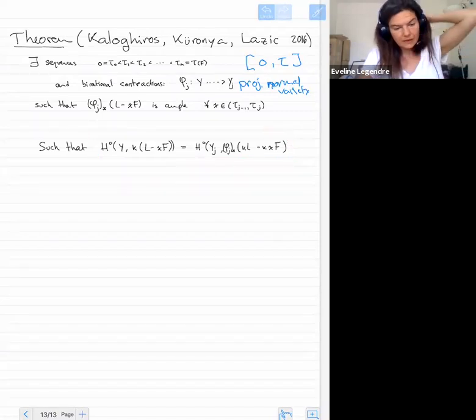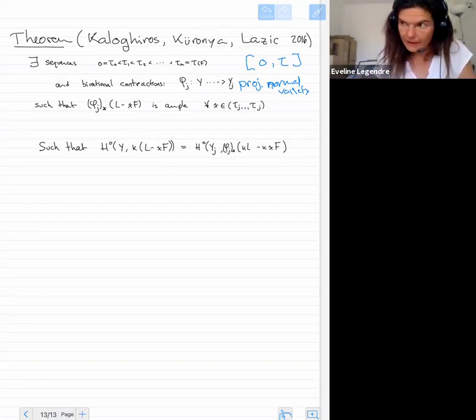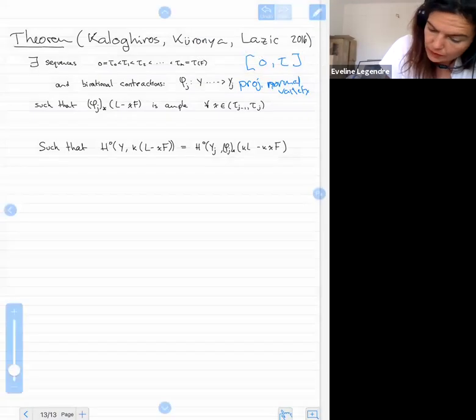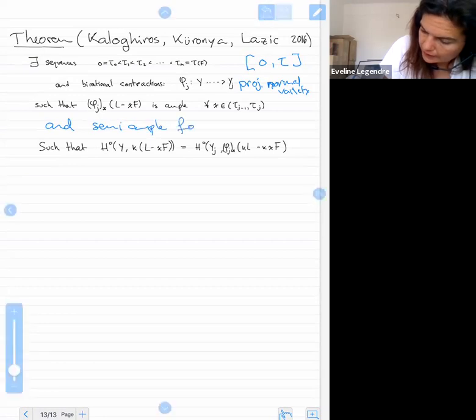And the other part we used very much is that we have this, of course. So we can use that. Maybe I should add everything I know: semi-ample for tau_{j-1}, tau_j.